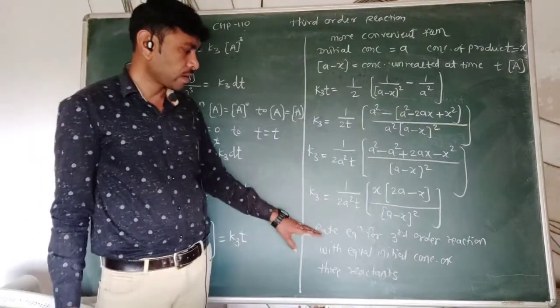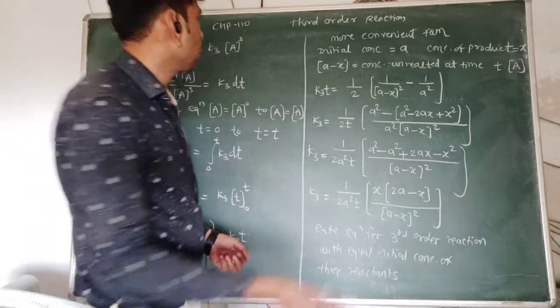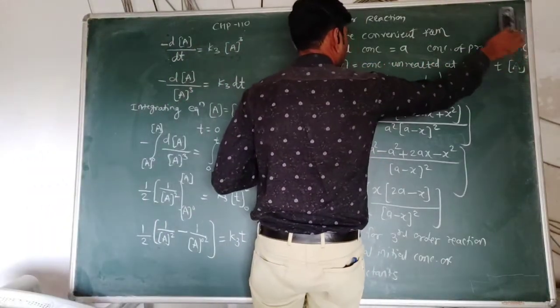So this is the rate equation for a third order reaction. This is an important equation, I am writing it here in this corner.